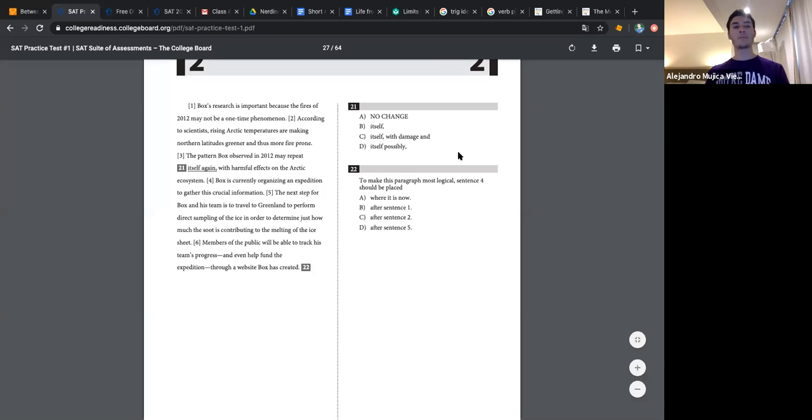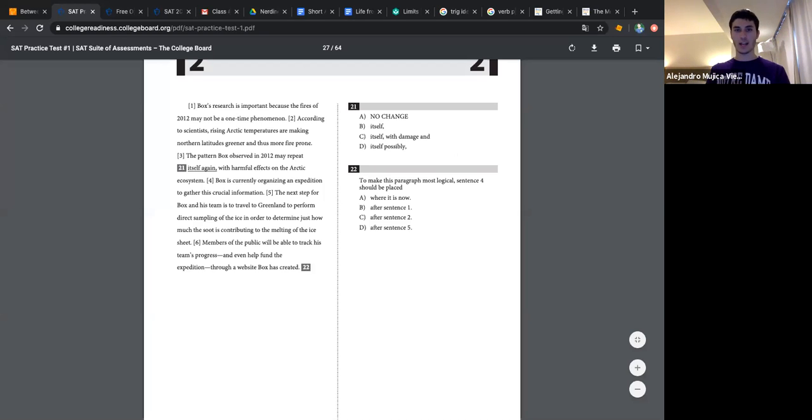So if you look at sentence 1, for example, research important. Research is important. Because sets up a subordinate clause, fires may not be one-time phenomenon. Does that make sense? So there are 2 ideas there. Research is important, fire may not be one-time phenomenon.